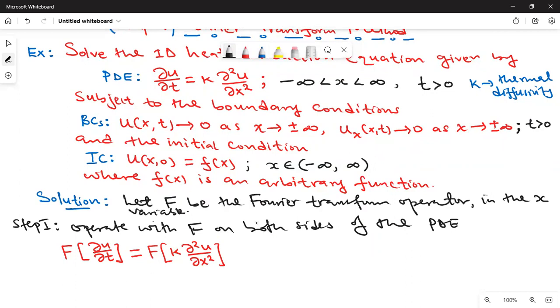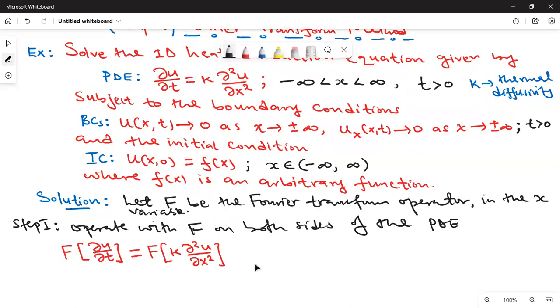The Fourier transform operator should operate on that variable which extends from negative infinity to positive infinity, the complete interval. So when you have a variable that starts from 0 to positive infinity, you cannot operate on that variable. Only operate on variables which extend from negative infinity to positive infinity. And so we are going to operate on the variable x.